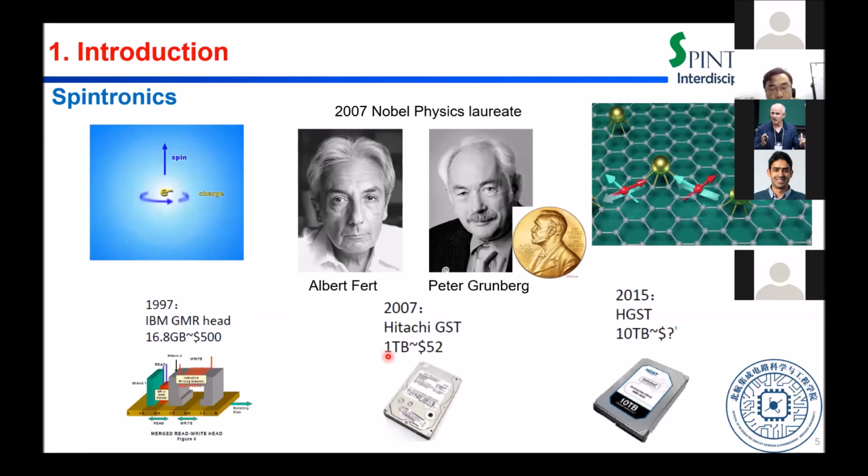There have been so many interesting phenomena, like GMR, discovered by Albert Fert and Peter Grunberg, and also the TMR effect. Both effects have already been used in hard drives, and the storage density has increased a lot. Right now, they have already changed our world.